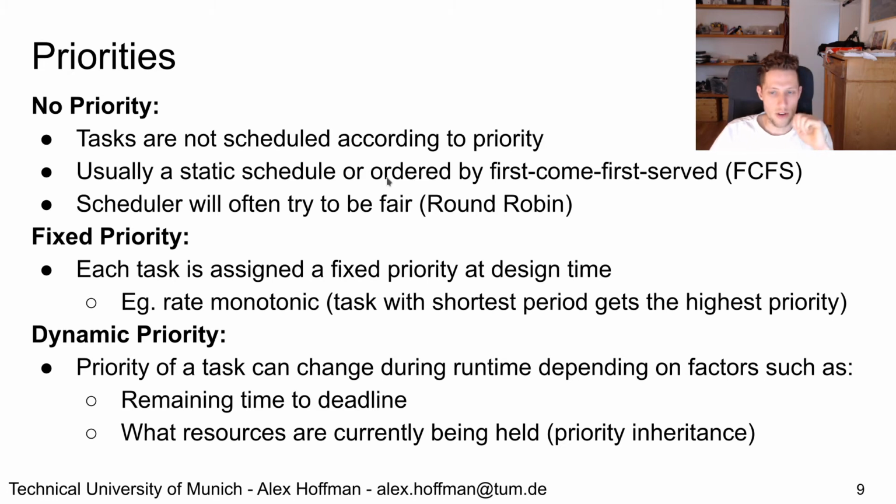As opposed to that, you can also have a scheduling policy, which is very common in some systems, where it tries to be fair in that it will allocate an equal amount of time to each process.